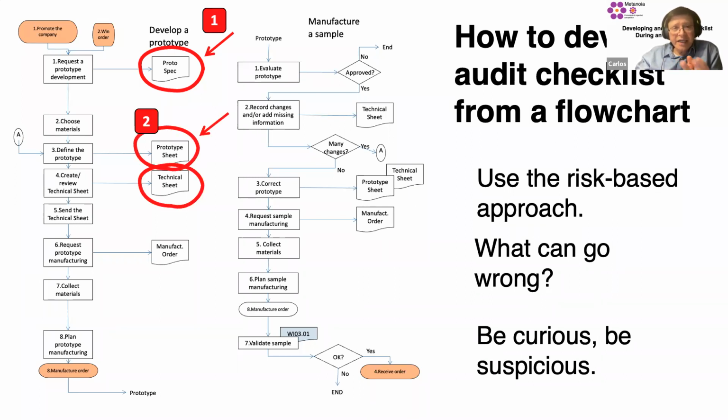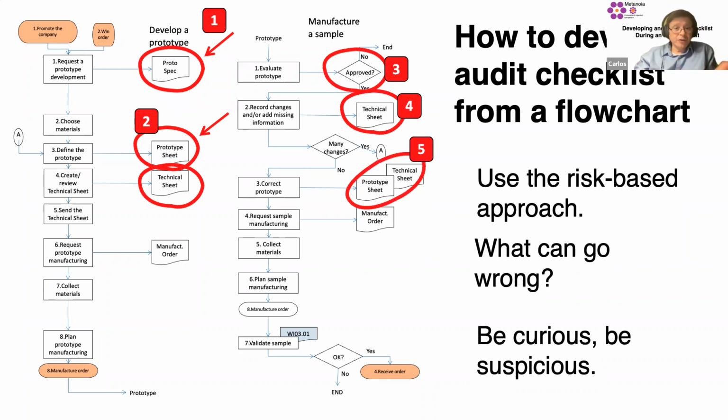Then I can ask to see the prototype sheet and the technical sheet. Then I want to see evidence of a decision concerning prototype approval. So who approved? Where is the proof? Are changes recorded in the technical sheet? Can I see the evidence? Same for the prototype sheet.